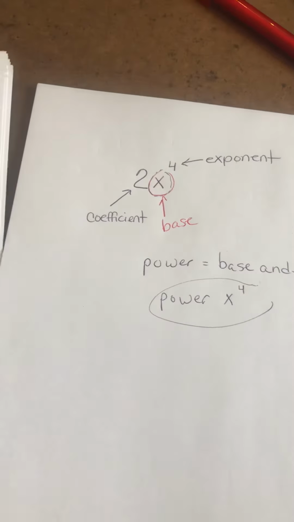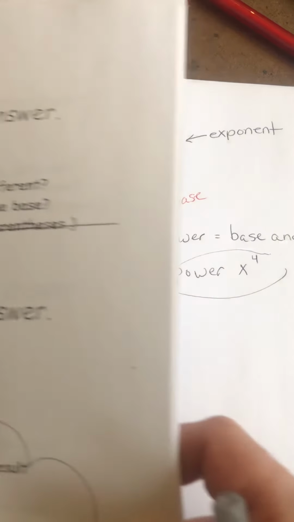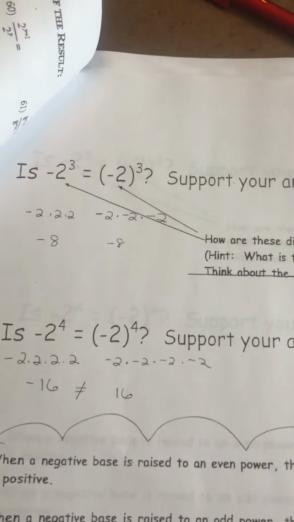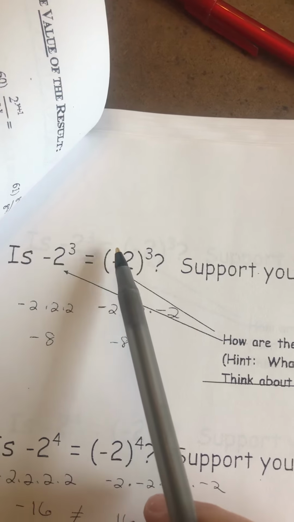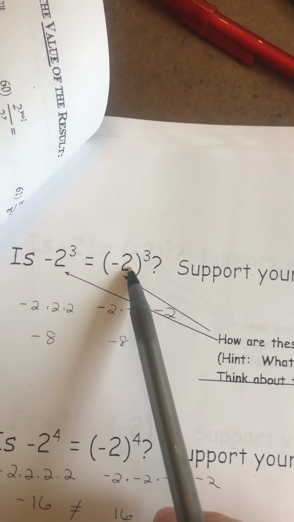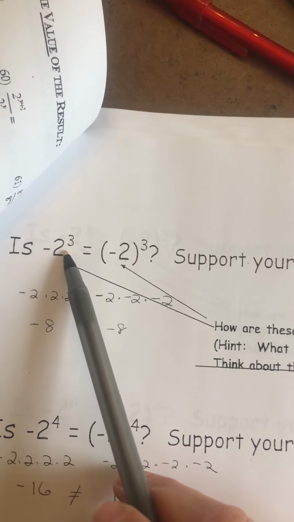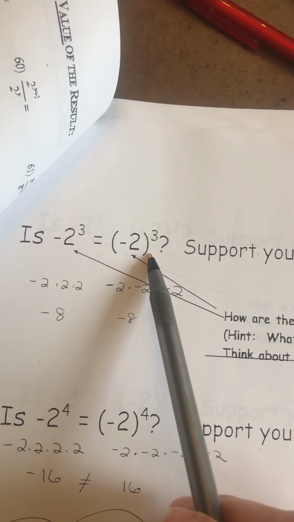So I'd like to talk about another example now. This sheet is in your packet, and you're going to see the questions here. Is negative 2 to the 3rd power equal to parentheses negative 2 raised to the 3rd power? Now, the only difference between the left side and the right side here are the parentheses.